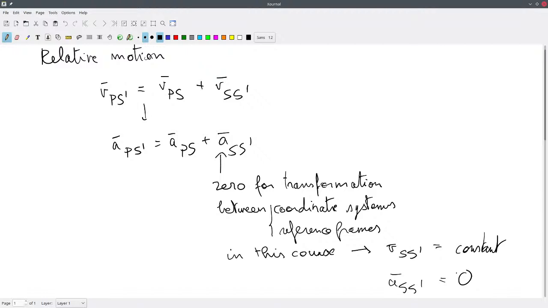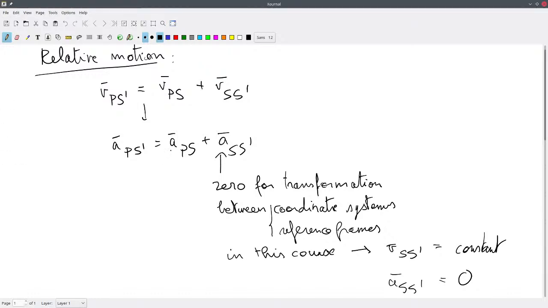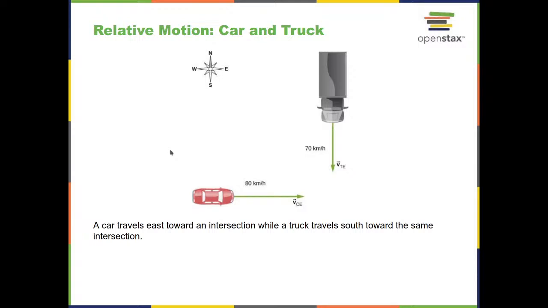So we're going to transform between coordinate systems and describe things like relative motion in coordinate systems only that move with a constant linear velocity with respect to each other. So we started looking at an example last time. There's the slide with the truck and the car that are both arriving at an intersection.